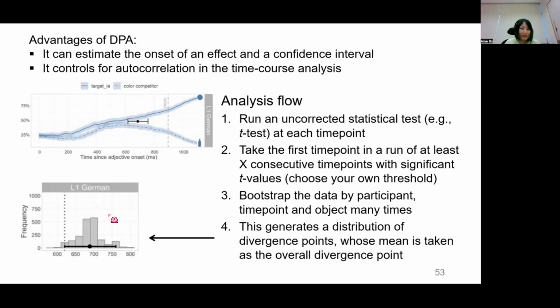This shows the first time point found in the original data, which is step 2 here. If we run lots of t-tests and detect a divergence point, we find it here. But if we run it many times on the shuffled data, we find the mean around here, and a confidence interval from here to here. So that's what you can get from this analysis.